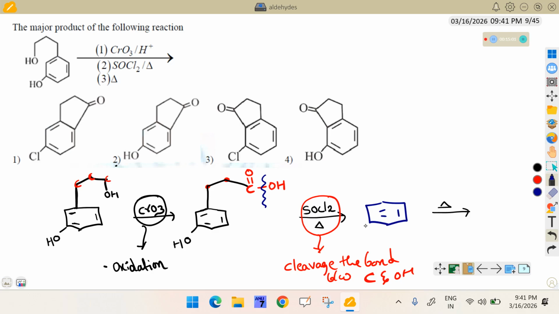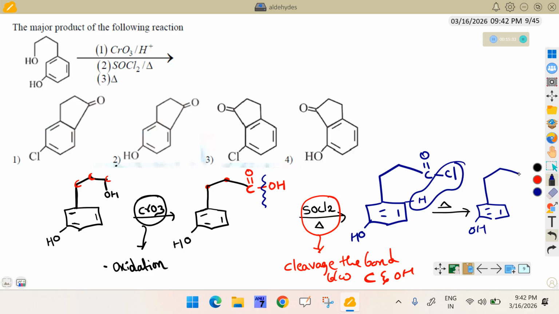Then we get C double bond O, Cl, which on further heating loses an HCl molecule and gives a compound like this. OH, C double bond O, and a new bond is formed between carbon and carbon. So the second option is the correct option.